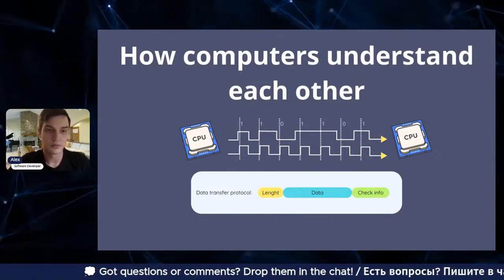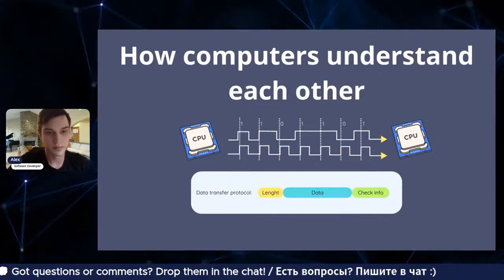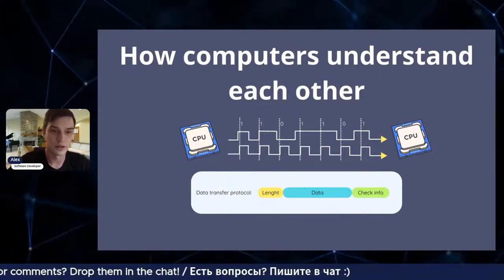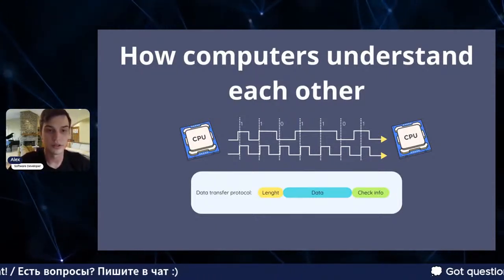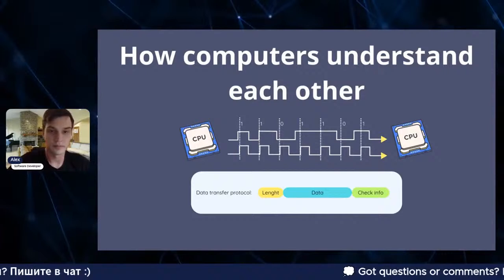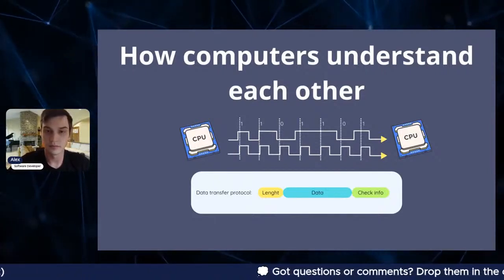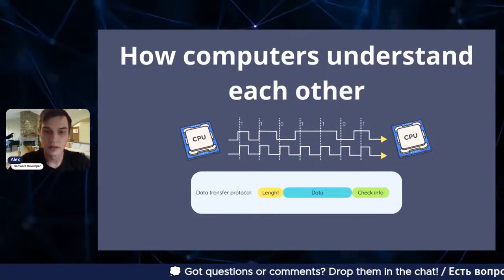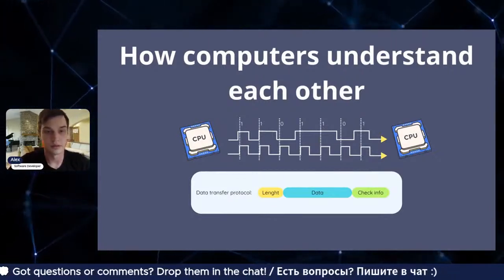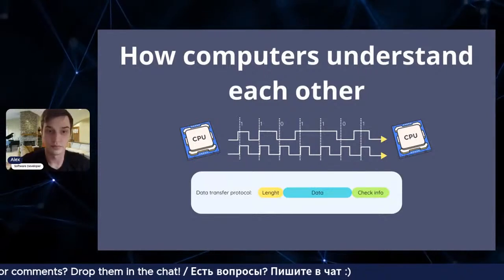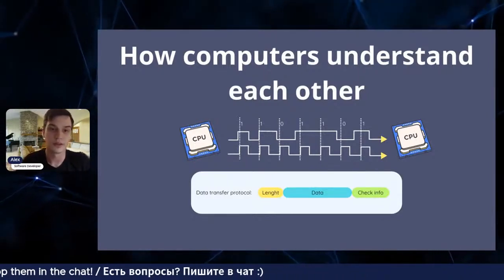The second CPU takes the data, calculates the checksum using the same function as the first CPU, and then can check the equality and understand that the data is good. It can use it and do the things it needs.